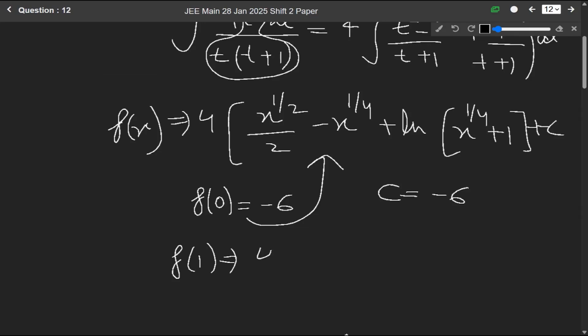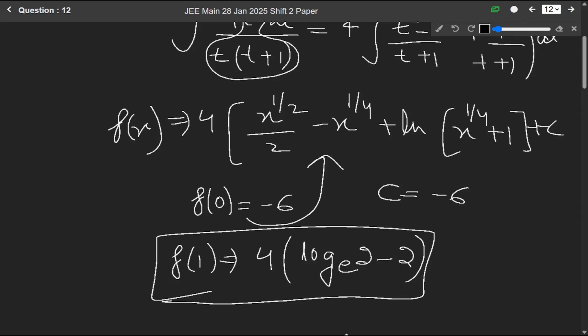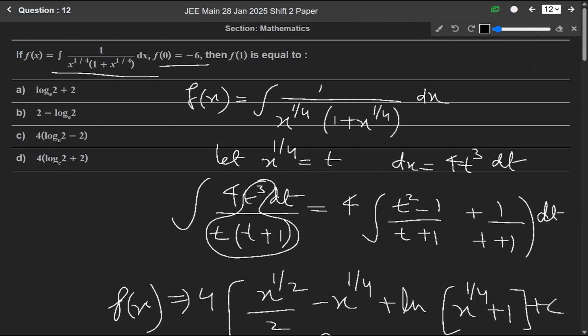So it will be 4 log_e 2 and minus 2, since c is −6. So our answer is f(1) equals 4 log_e 2 − 2, meaning option C is the correct answer.